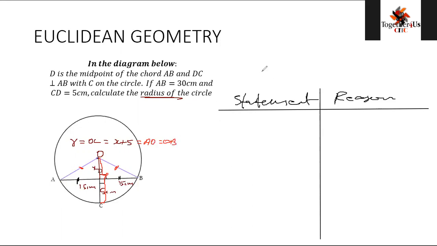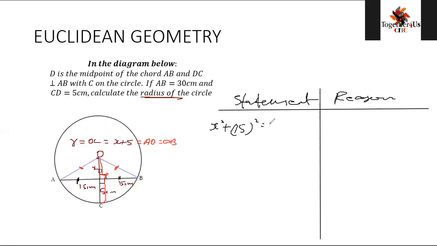Now, the next thing that I'm going to do, which will come to my rescue, if you've got a right angle triangle, is that X squared plus 15 squared should give me the radius, which is OB squared.